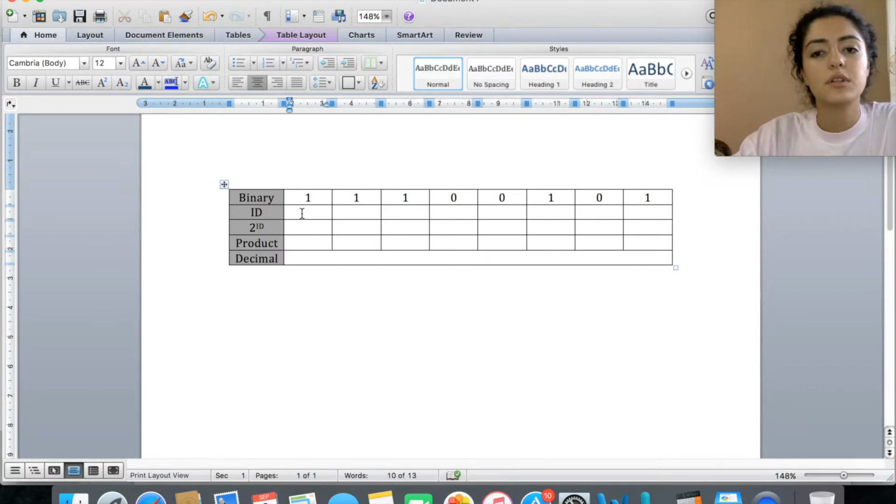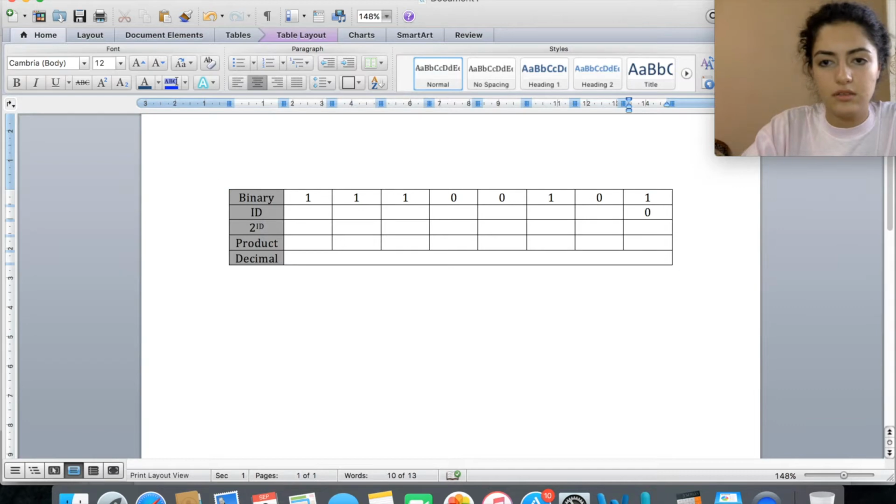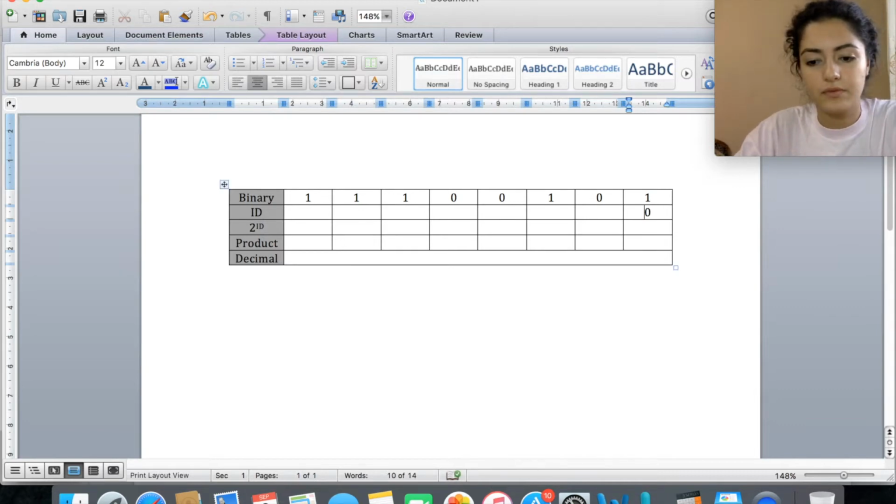In the second row, we are writing the IDs backward. Like the last one has ID of 0. Next one is the first one, then the second one, third, fourth, fifth, sixth, and seventh.